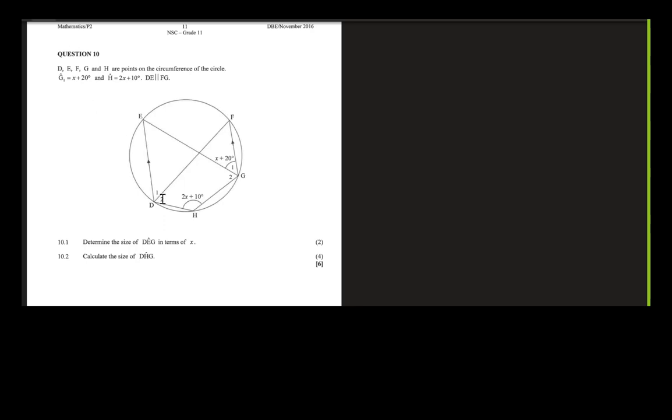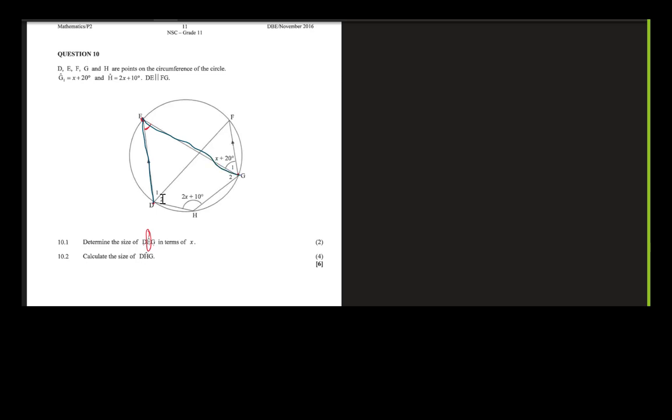Now let's see. They say determine the size of DEG. Actually, they are looking for angle E in triangle DEG. Let me just highlight the triangle they are talking about, something like this, DEG.